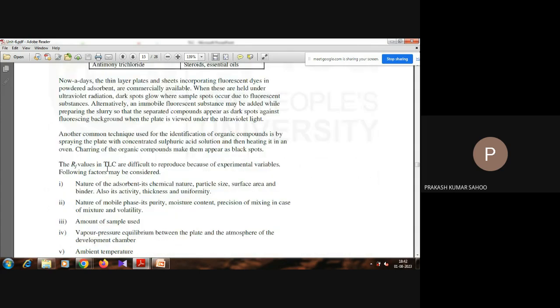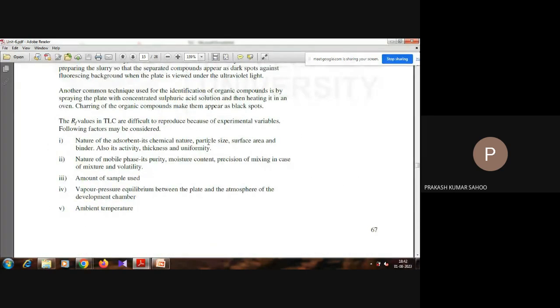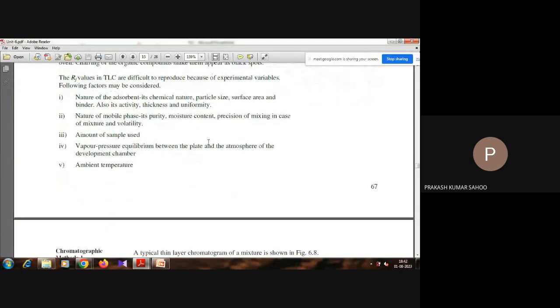Okay. So then the RF value: what are the factors affecting the RF value in TLC? RF value is an important parameter for prediction or determination of the components. It depends on the nature of the adsorbent, its chemical nature, particle size, surface area, and binder. Also its activity, thickness, and uniformity.